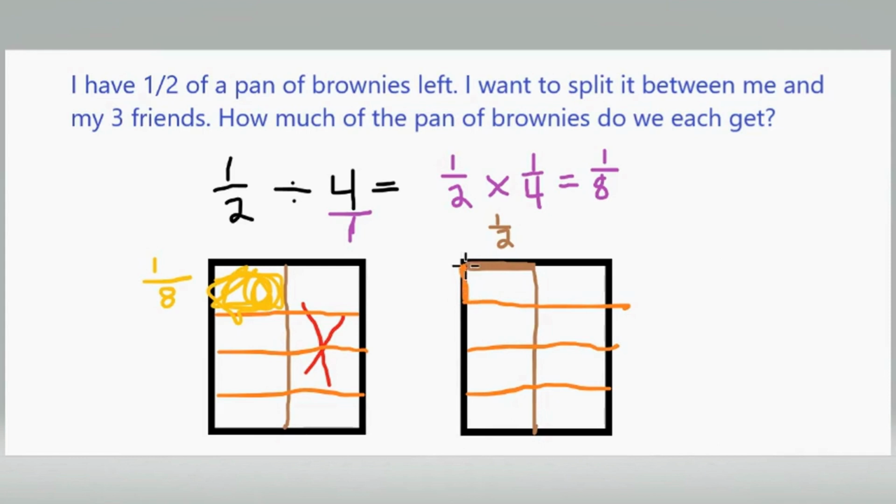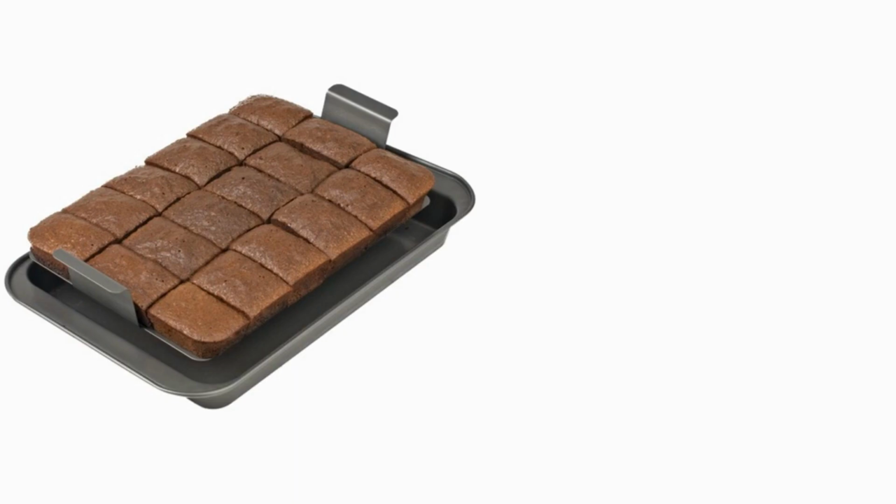So that would be this one right here, which would be 1 out of a total of 4 on that side. So that would be 1 out of 1, 2, 3, 4, 1/4. So again, you're going to end up with the same answer, and your total is going to be 1/8. So the size of this piece in here is 1/8. 1 out of 1, 2, 3, 4, 5, 6, 7, 8. This word problem could be modeled either way.